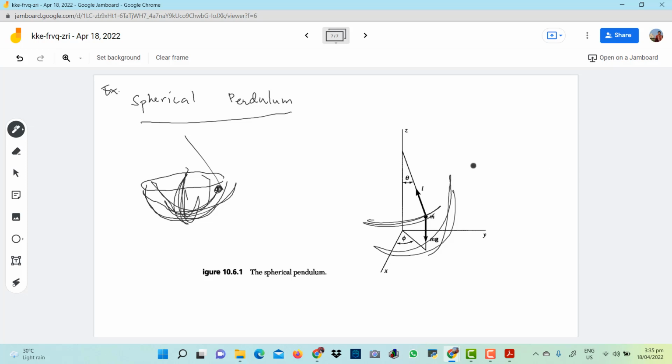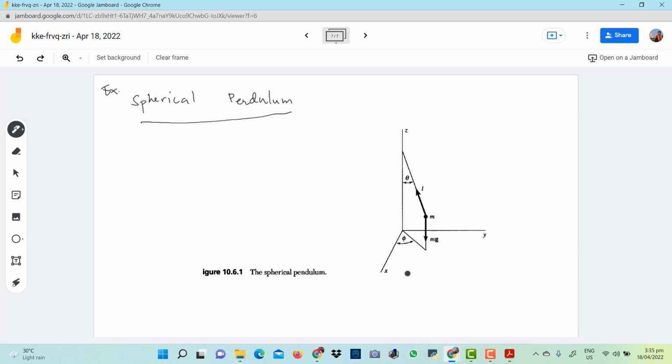In this case, instead of three generalized coordinates, because of the force of constraint, only two remain, in terms of theta and in terms of phi. Okay? The force of constraint here is this L, right? The length of your string. Okay?